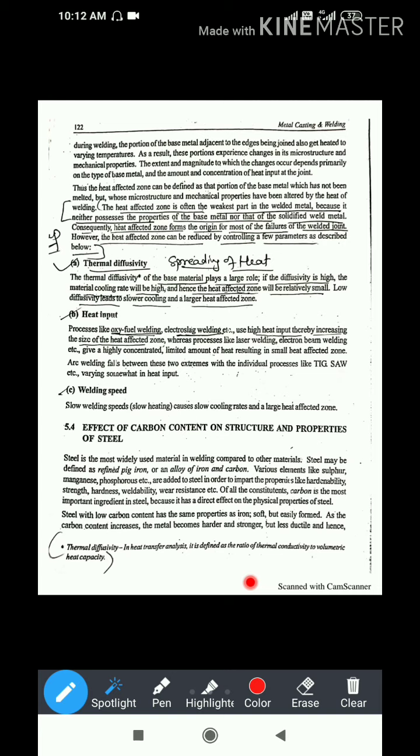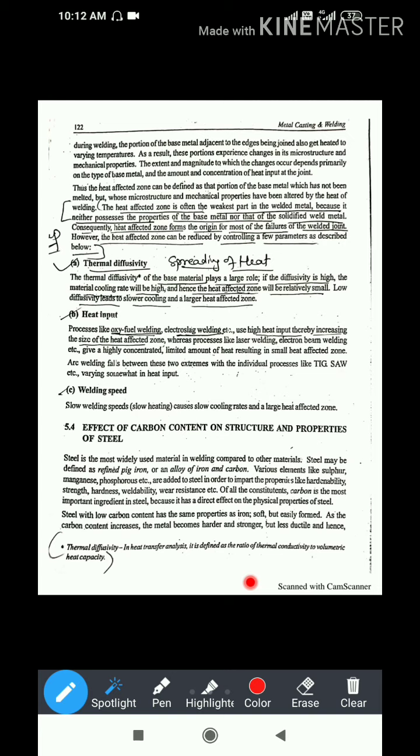If the carbon is more in the steel, the steel becomes harder. If the steel is harder, it requires a high temperature to melt. The welding arc which generates the heat requires a high temperature, so it is very difficult to weld high carbon steel. If it is to be welded, it should be operated at a high temperature. Keep that in mind.